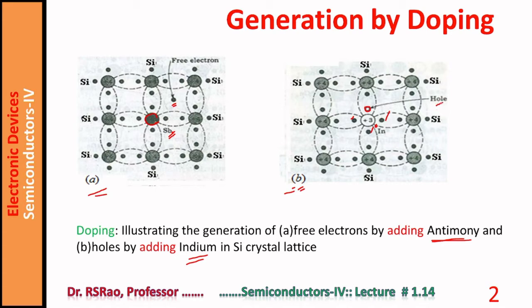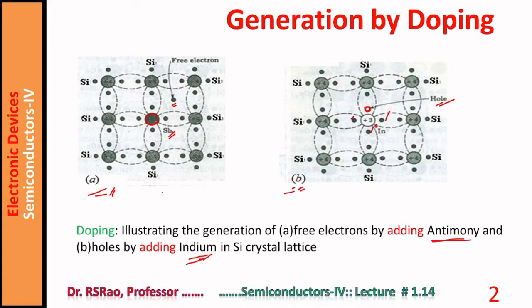This vacancy is called hole. So addition of indium brings one hole into being. Hole is also a charge carrier. It is also a factor in increasing the conductivity. So we conclude: in A is shown that addition of antimony, pentavalent impurities, creates electrons in the semiconductor.